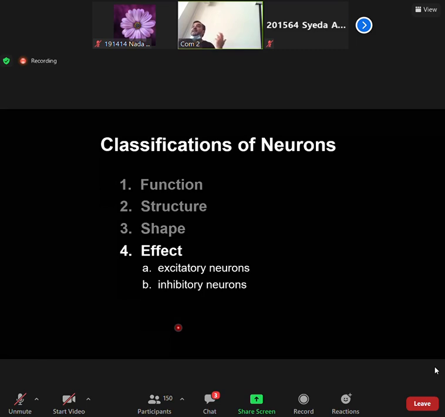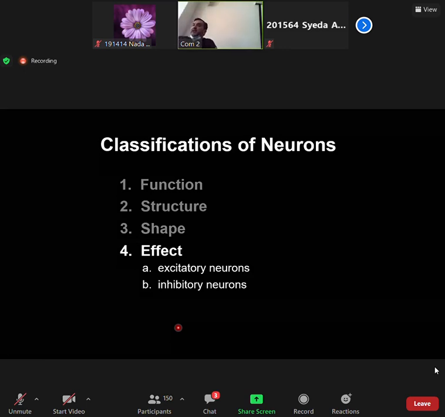If it is releasing GABA, for example, it is an inhibitory neuron, because it is releasing a neurotransmitter which is an inhibitory neurotransmitter. Similar is the case in the peripheral nervous system. You have acetylcholine, which is an excitatory neurotransmitter in most places. So you can divide the neurons also based on the type of neurotransmitter and the effect of the neuron. You can divide them into excitatory and inhibitory neurons.